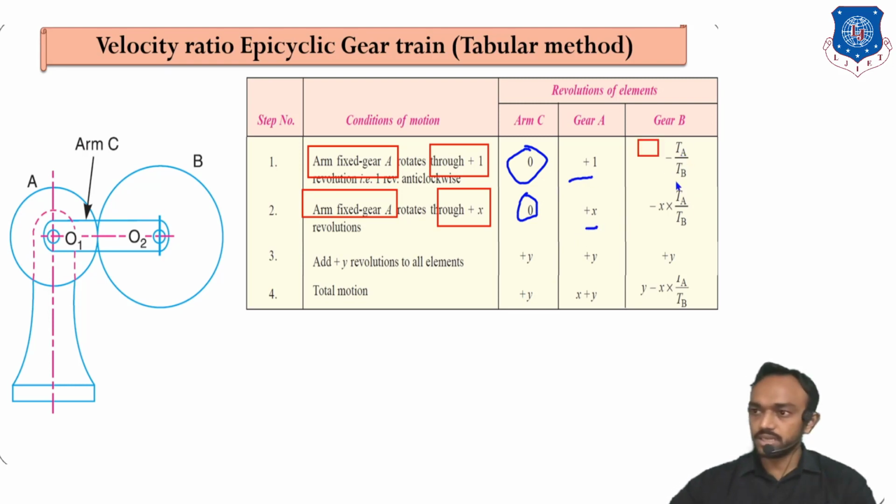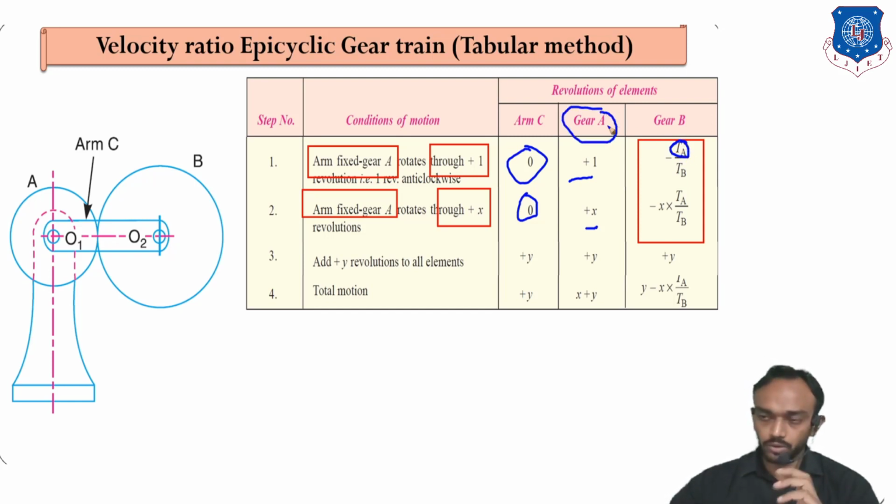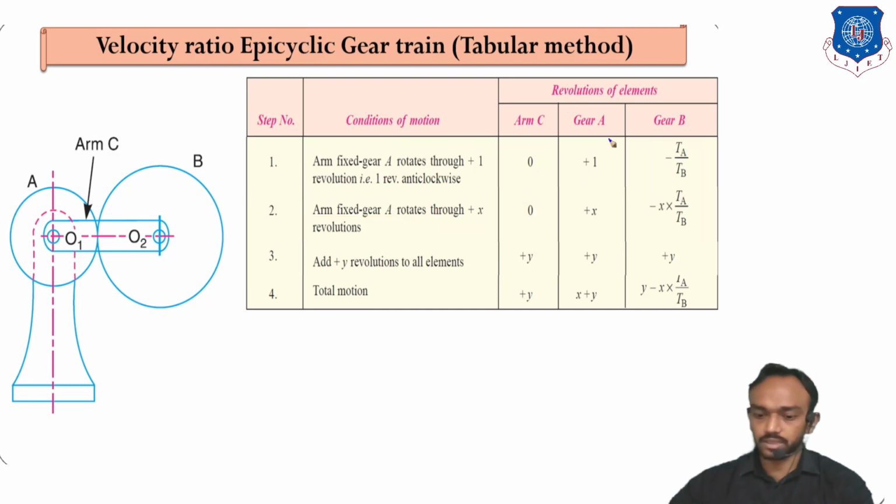What will be the change here? Check this: at the top will always be the teeth of A, meaning whichever gear you have taken. If I am taking gear C here, then here will be TC, because in the table the teeth ratio always comes as driver upon driven. Remember that. So whatever the gears are, the driver will always be considered.